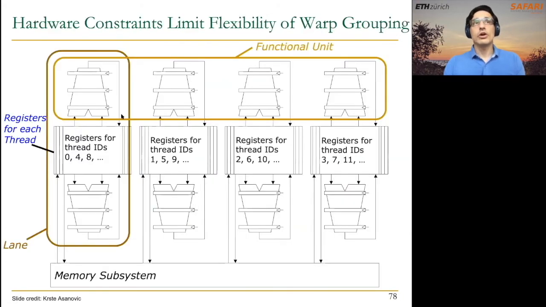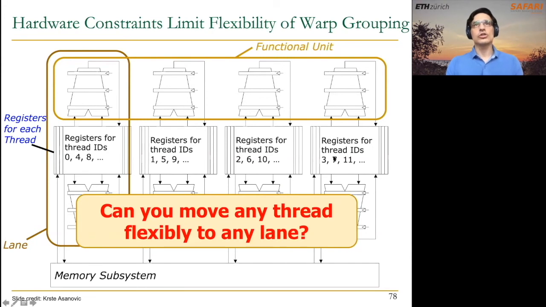It's because we cannot so easily move one thread from here to another lane. In principle, inside the GPU core, the threads are statically assigned to the lanes. So it's not that easy to move threads flexibly across lanes. Could it be possible? Yeah, it may be possible.